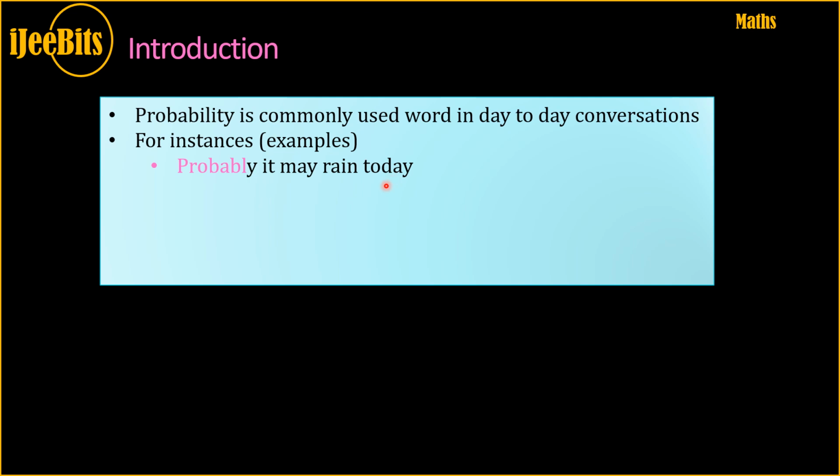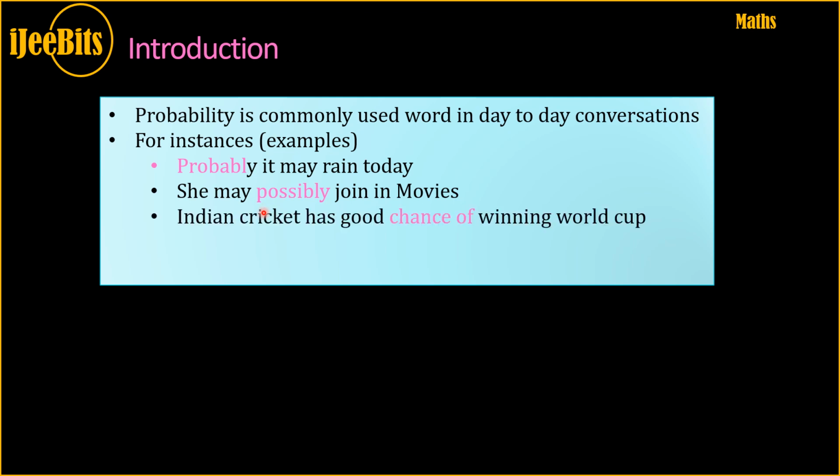A few more. She may possibly join in movies. You are not sure, but some uncertainty exists when you use possibly. Indian cricket has a good chance of winning the World Cup. We are not stating an affirmative word like it is going to win.